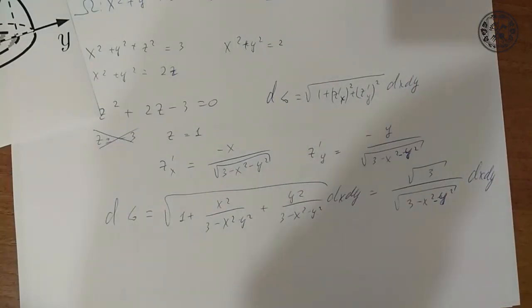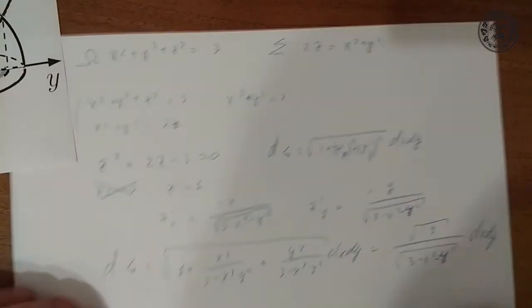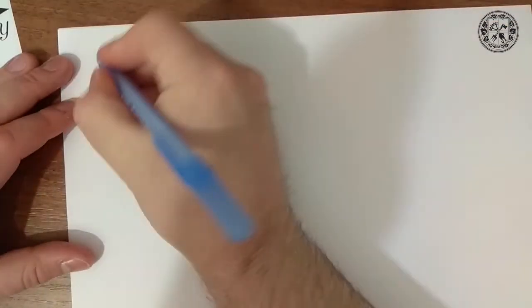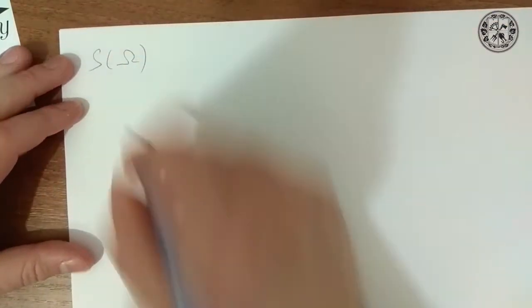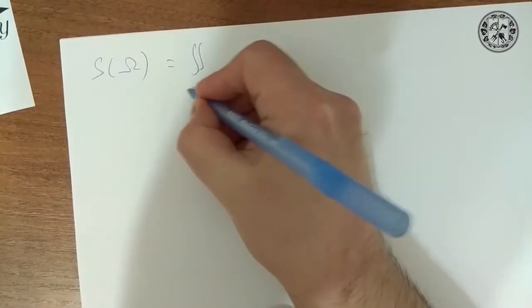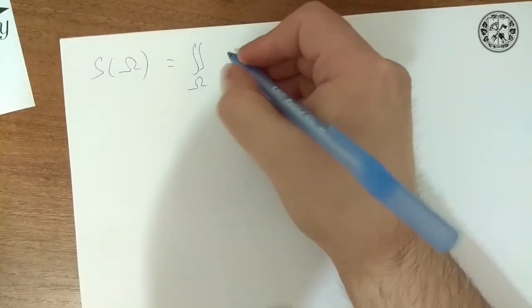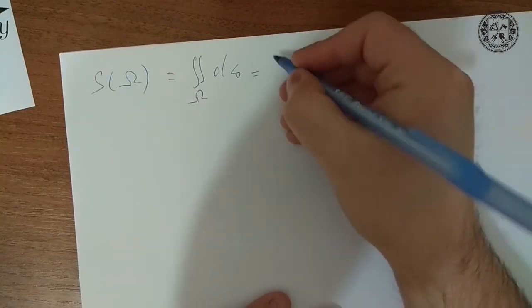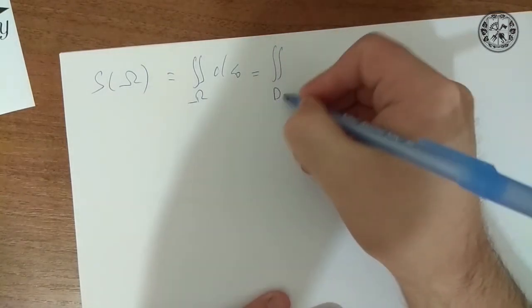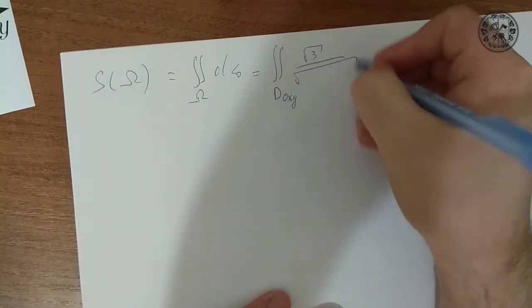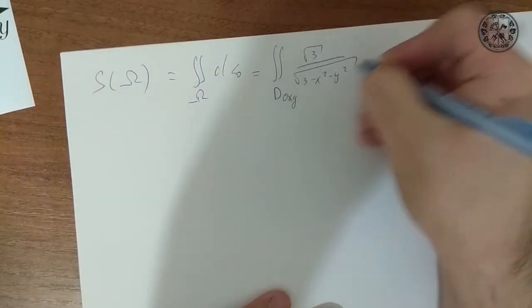Now we substitute everything in our integral, the surface integral of the first kind. We have that the area of this omega will be the surface integral of the first kind of d sigma, and this will be projected into region D in the xy plane, the square root of 3 over the square root of 3 minus x squared minus y squared, dx dy.